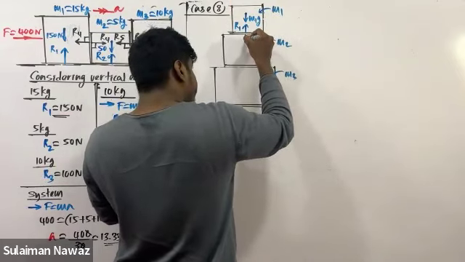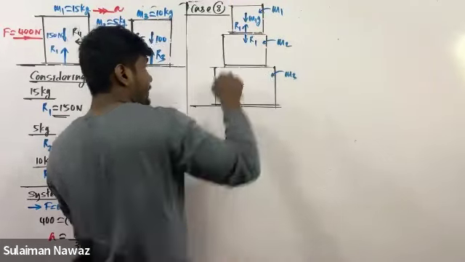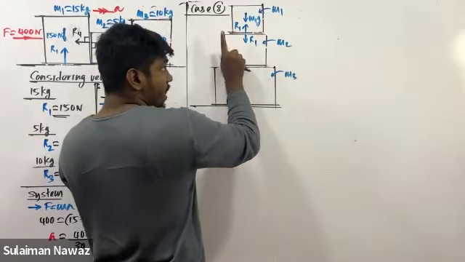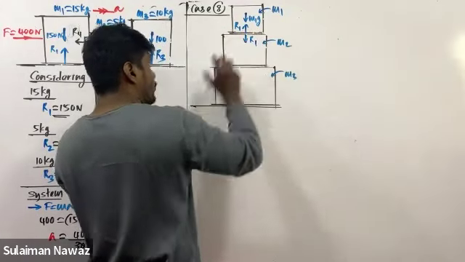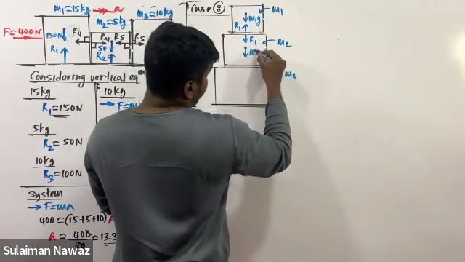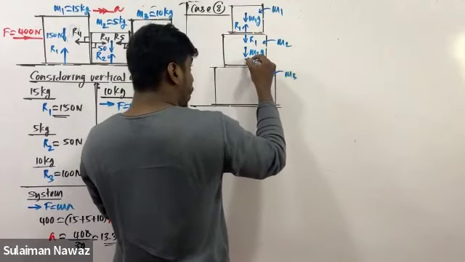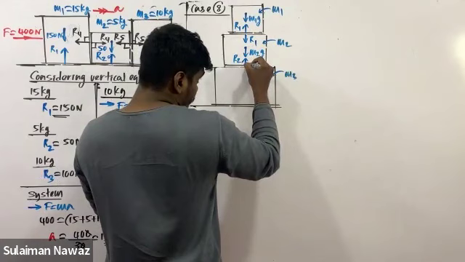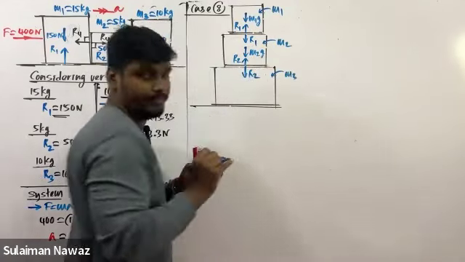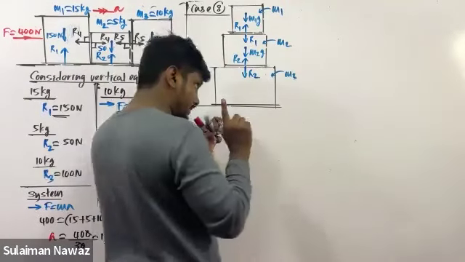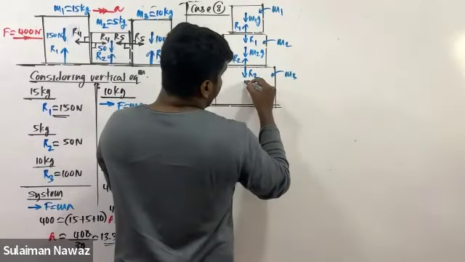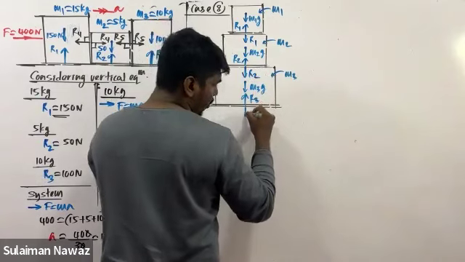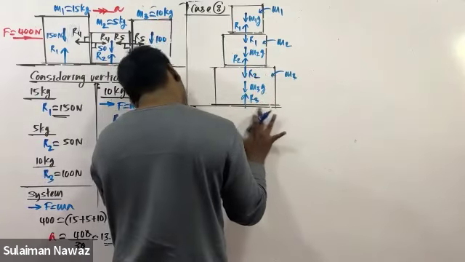Normal reaction force on M2 is R1, action-reaction forces. For M2, weight M2G, normal reaction force R2. For M3, weight M3G, normal reaction force R3. There is also a normal reaction force on the ground, but I don't mark it. It's not that important. If you don't understand, put a reply in the chat box.